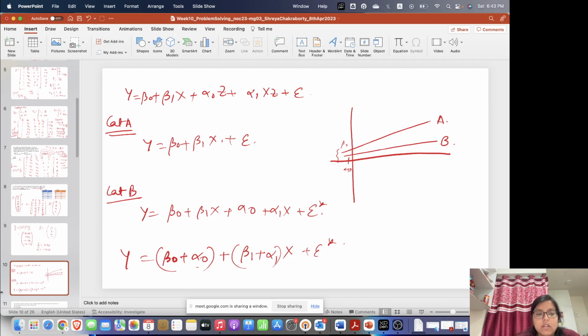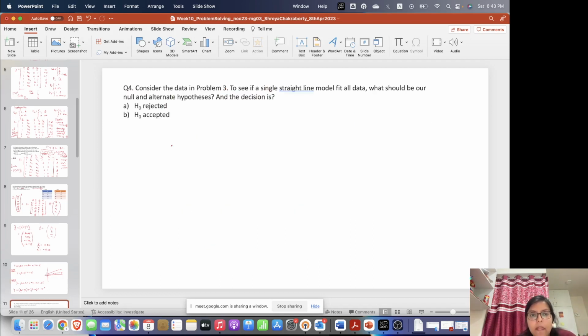Okay, so if we move to the next question, we will consider the data in the previous problem and we have to see if a single straight line model will fit all data. If that is the case, what should be the null and alternate hypothesis and what should be our decision. So as I was saying, we have two models.